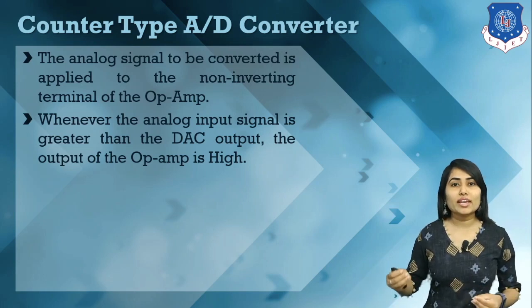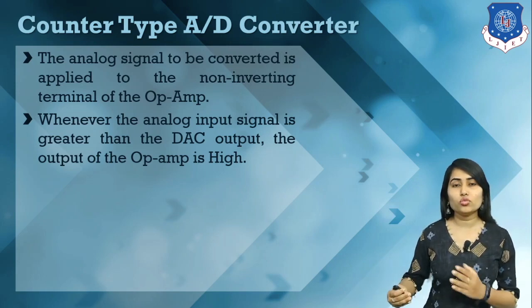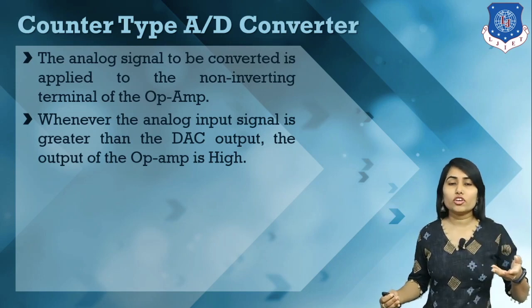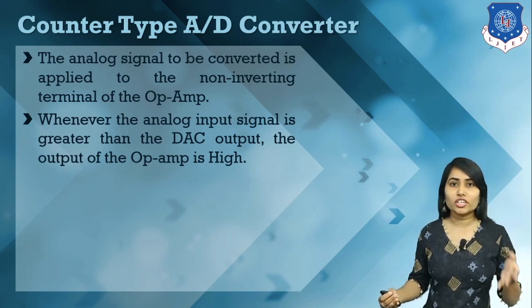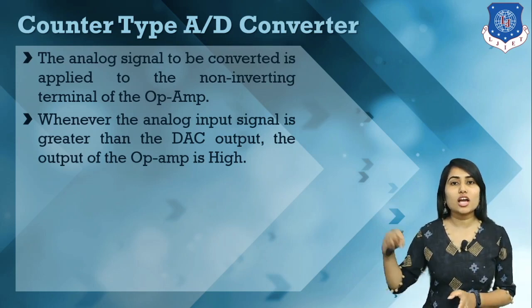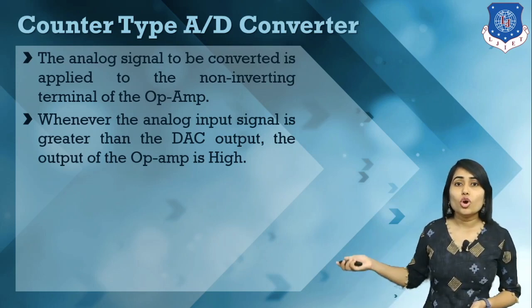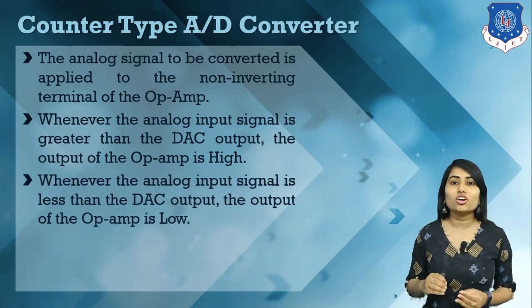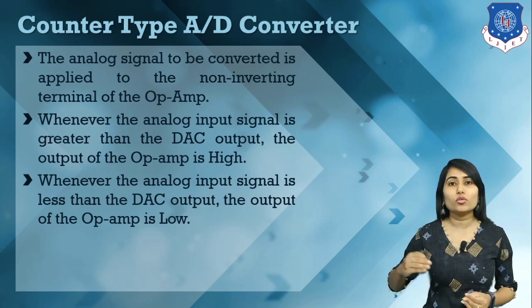Whenever the digital to analog converter's output is lesser than the input voltage, we have an active high signal, and if we have an active high signal, the counter can calculate its value.